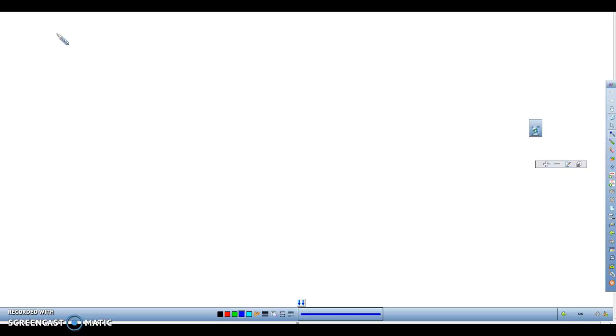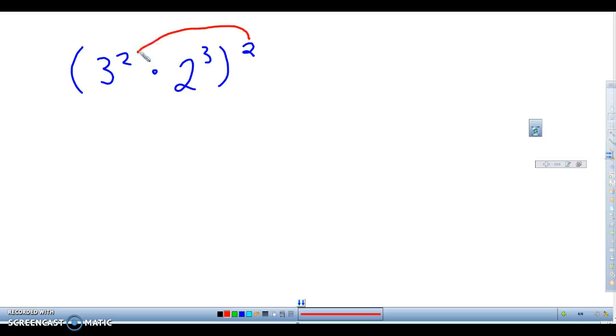Now, something funny happens when we have powers on powers on powers. Meaning, what if I have 3 squared times 2 cubed? And I know I can't add the exponents because they're not the same base. And then that whole quantity gets squared. Well, if you would remember the distributive property, I'm going to kind of use it with this exponent. And I'm going to distribute this 2 to the other exponents.